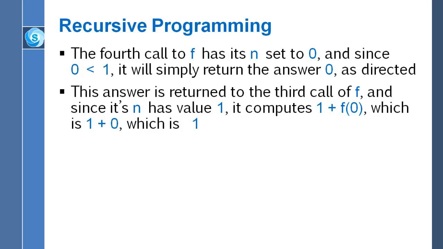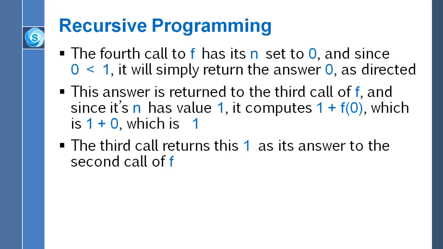Okay? F of 0 is 0. That was the answer returned by the fourth call of f. So that 0 gets added to 1, which is the value of n, and we now have the answer to the third call's computation. The third call of f is now ready to return the number 1 as its answer.